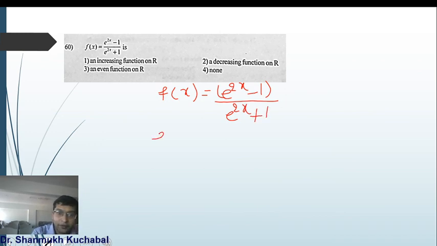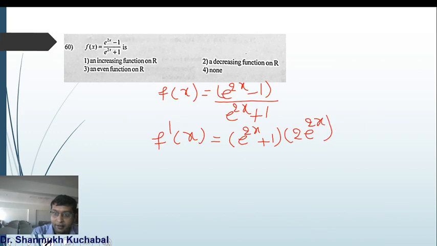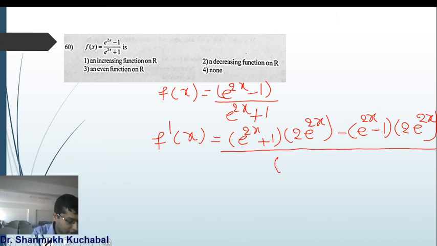So we have to find the differentiation of this. f dash of x equal to denominator as it is, numerator differentiation, minus numerator as it is, denominator differentiation, whole divided by denominator square, e raised to 2x plus 1 whole square.